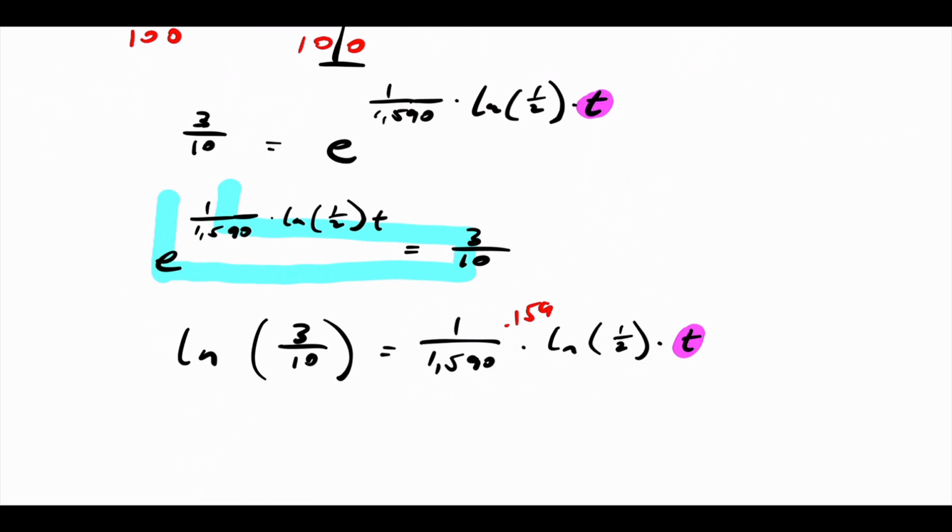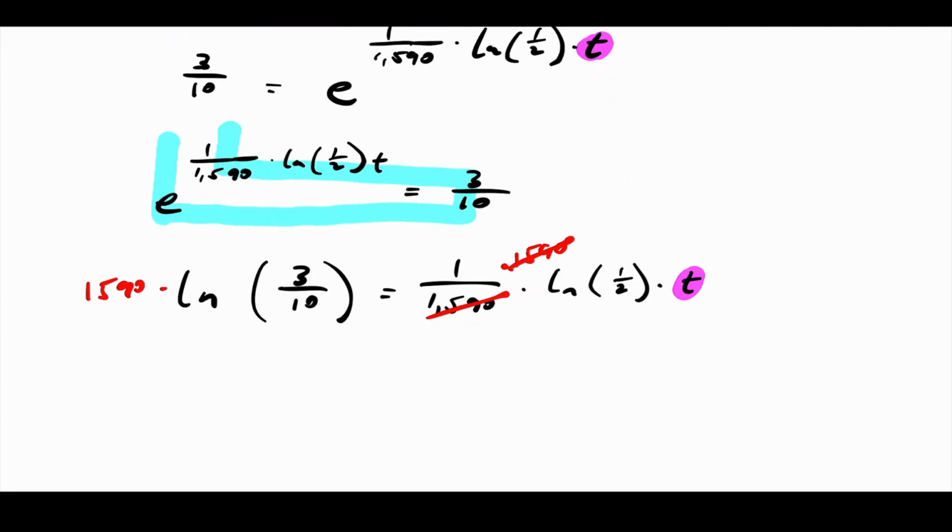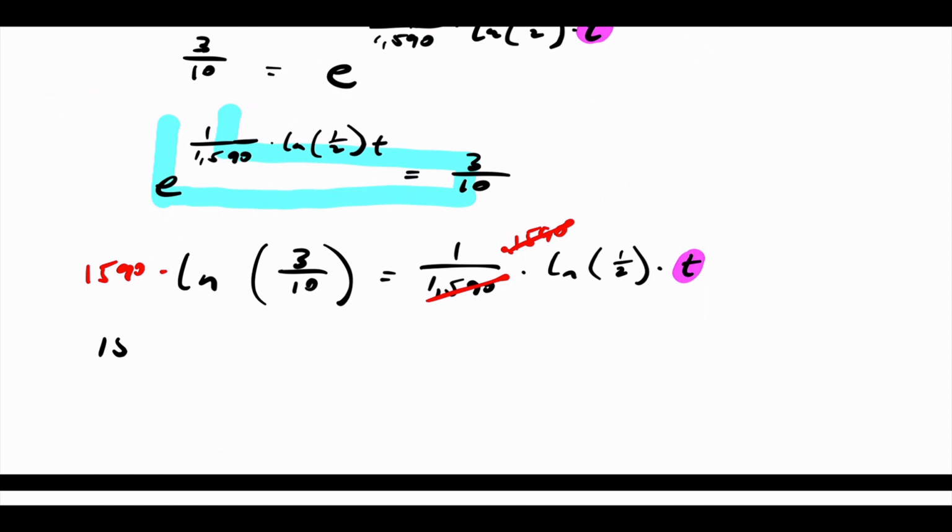So 1,590. That'll take care of this. So I get 1,590 times the natural log of 3/10 equals the natural log of 1/2 times t, right?